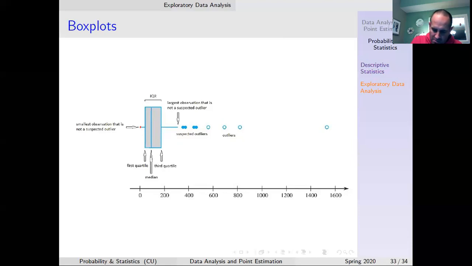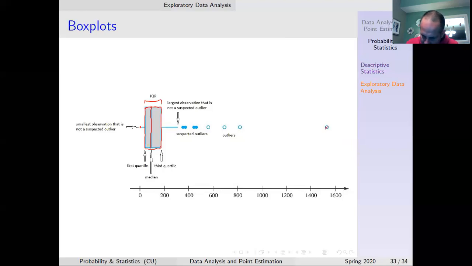And then you go to the first quartile, Q1, and you draw a vertical line, and you go to the median and you draw a vertical line, and then you go to the third quartile and you draw a vertical line, and then you put a box like this. And of course, this distance between the third quartile and the first quartile, that is the IQR, the interquartile range, okay? And then you label your maximum, okay?